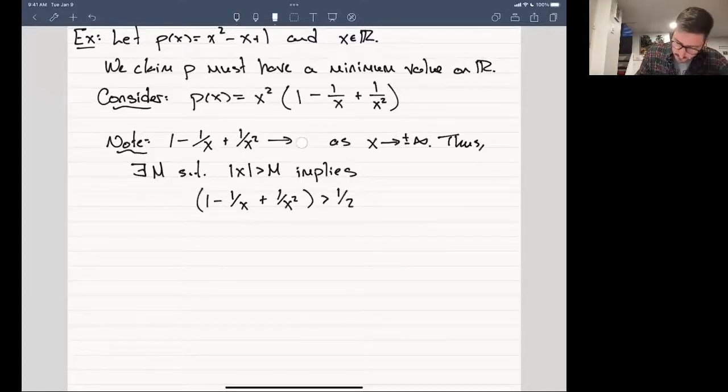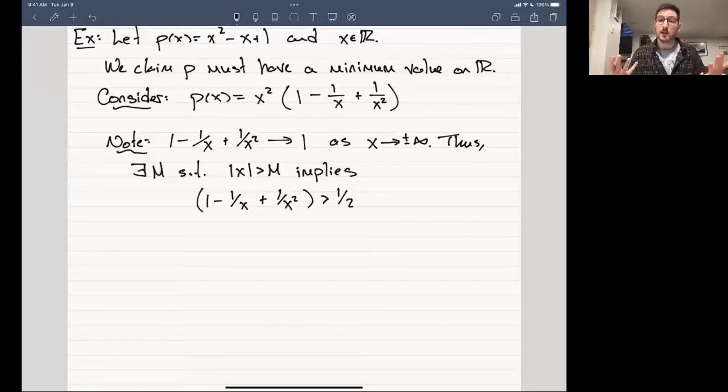Sorry, I made a mistake here. This thing doesn't go to 0, it goes to 1, right? You probably caught it. But of course, 1 over x goes to 0, 1 over x squared goes to 0. That leaves you with just the 1.